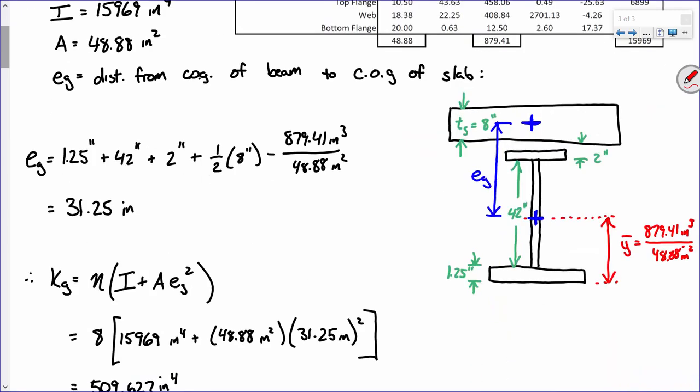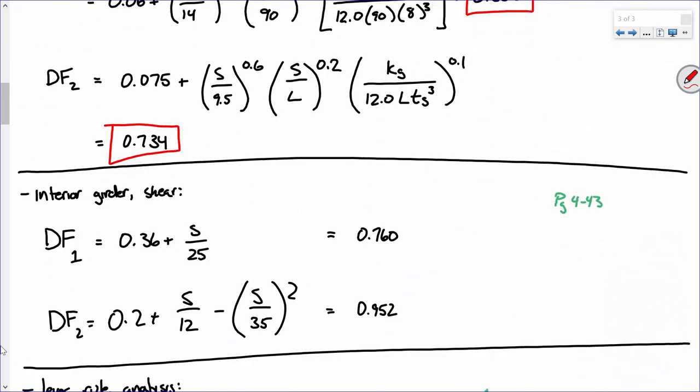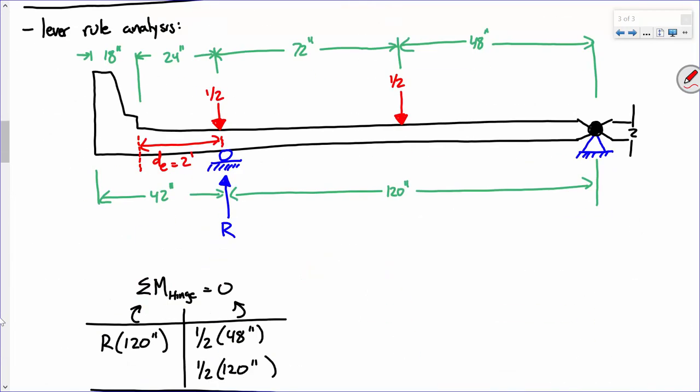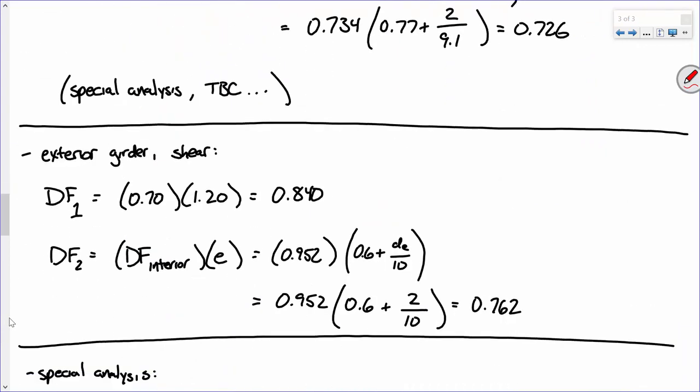If you scroll down, let's look at the shear distribution factors. The shear distribution factors for the interior girder were only a function of girder spacing, right? And for the exterior girder, they either came from the lever rule, special analysis, or from this modification factor, and that's just a distance from the exterior girder to that curb.